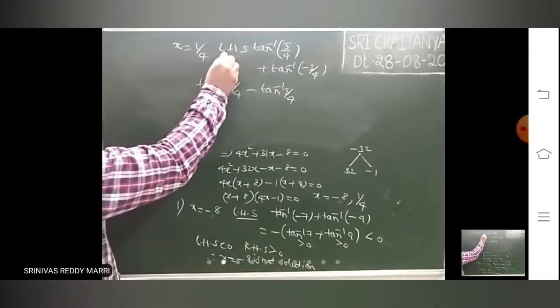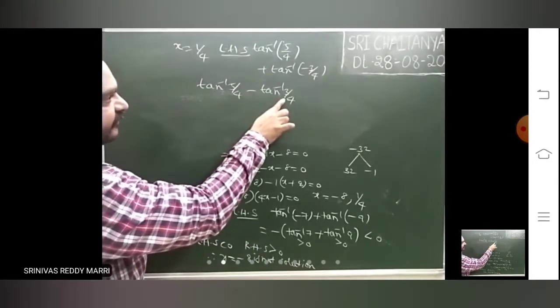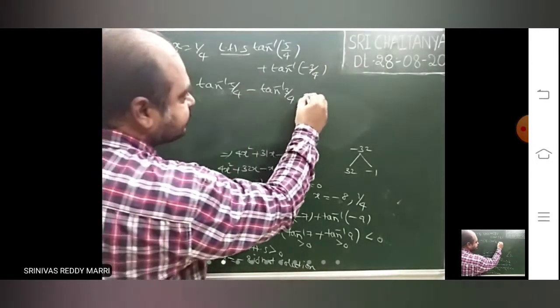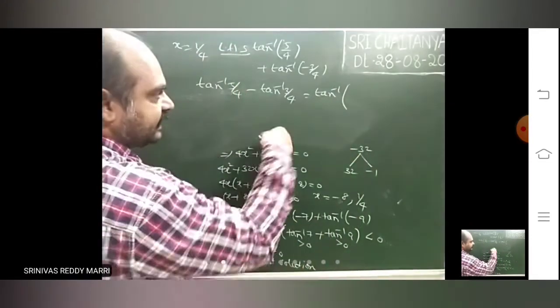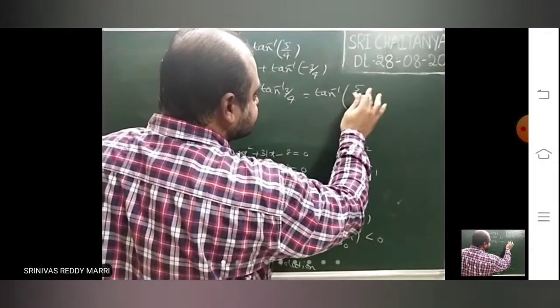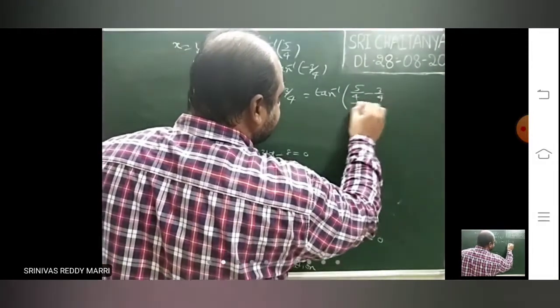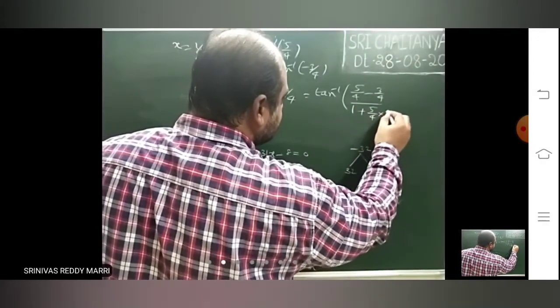So now look at this. This is the LHS I have taken. So this value, whether it is positive or not, if you are unable to judge, check this one. Tan inverse x minus tan inverse y. What will you get? Tan inverse, whether the right hand side you are getting or not, we will check. 5 by 4 into, tan inverse formula I told, x minus y divided by 1 plus xy.